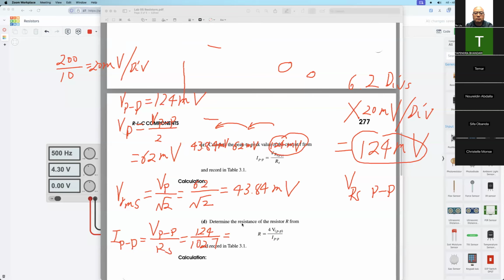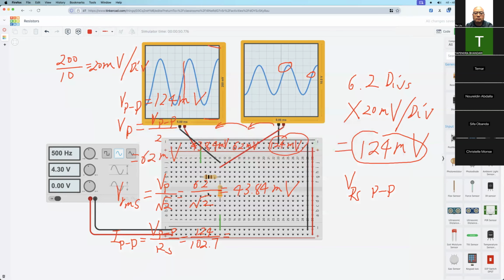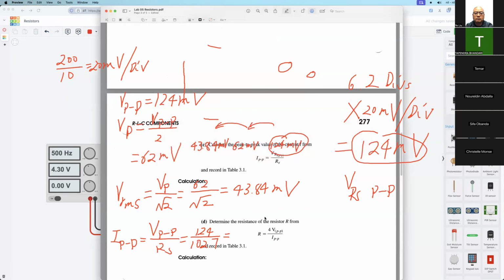Then the last step is this one. So determine the resistance of the resistor R from this formula. It's because the R nominal value is this. Okay, just a moment. Let's go to Tinkercad. So for this one, the nominal value is 3.3, right?